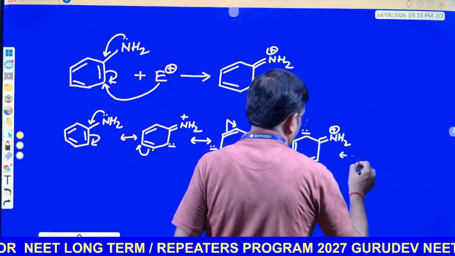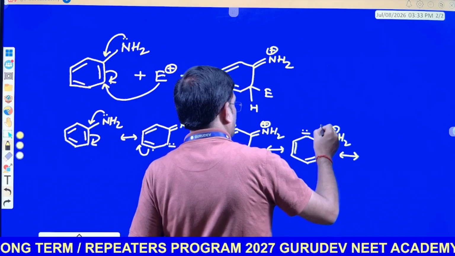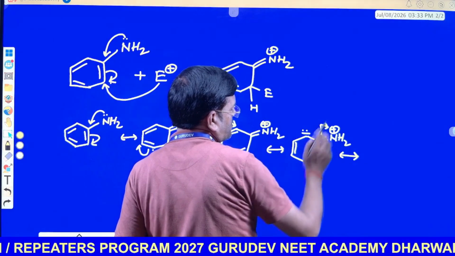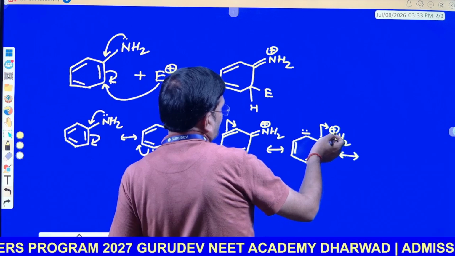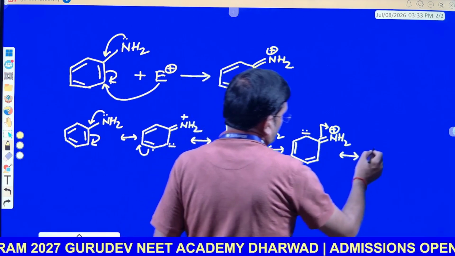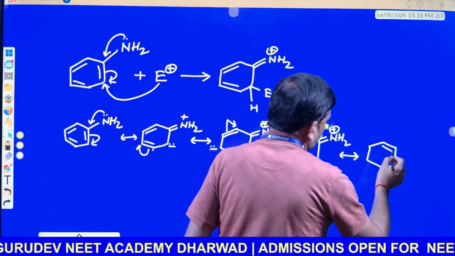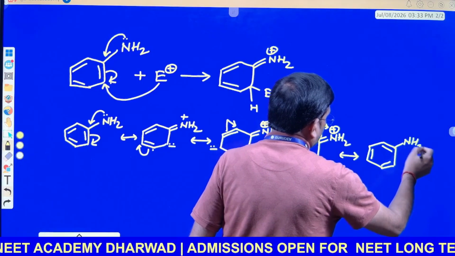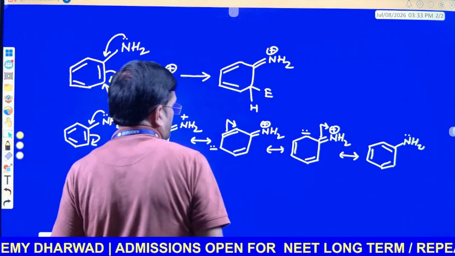So you could see nitrogen is an electronegative element, it cannot possess positive charge for a long time, so it regains its lone pair by cleaving this way. So positive comes here, then plus minus is going to make a bond here. So you are having the original structure by resonance stabilization.